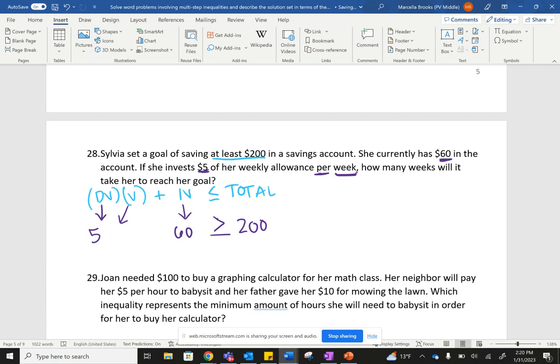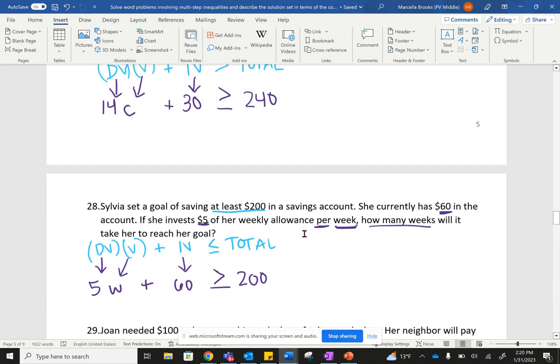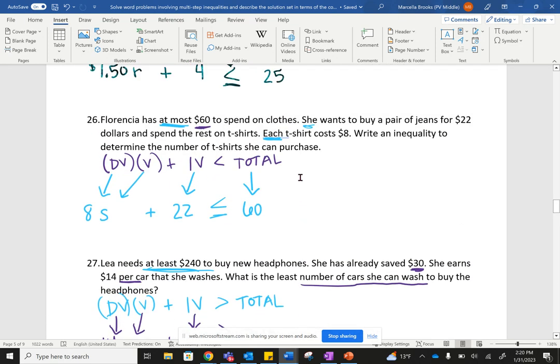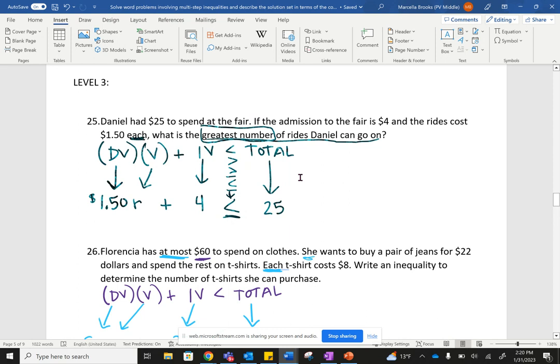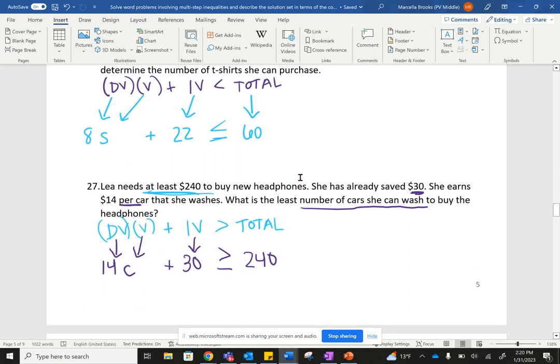So we want to know how many weeks. So that's our variable. Weeks. 5 times weeks plus 60 is greater than or equal to 200. All right, so once you have that down, I want you guys to solve these 4 equations and tell me what you come out with.